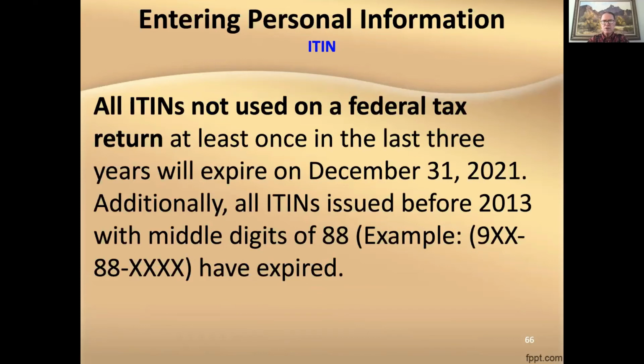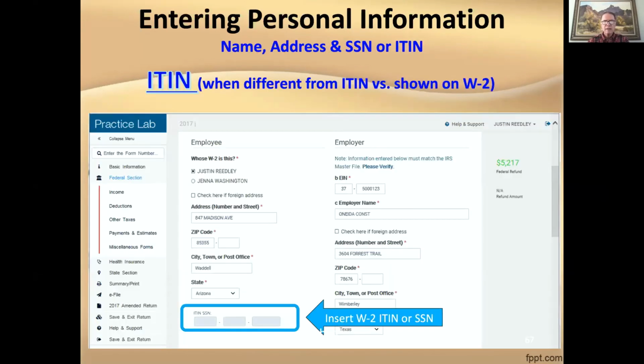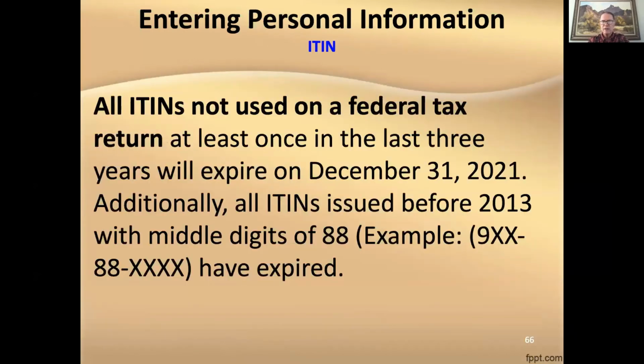An ITIN not used on a federal tax return at least once in the last 3 years is going to expire at the end of 2021. And I put this last sentence in here that all the ITINs issued before 2013 with the middle digits of 88 have expired. I guess I left that slide out. The thing is that Congress passed a law directing the IRS to go back and verify ITINs, to make sure that they were legit.